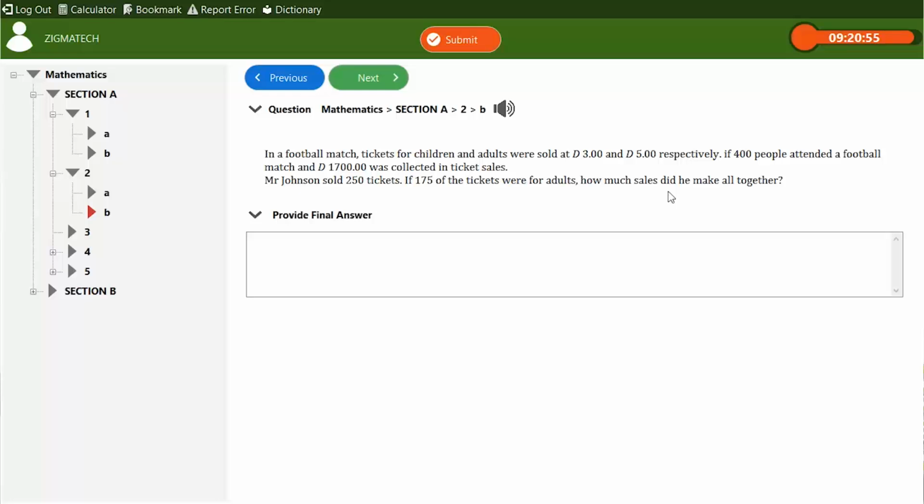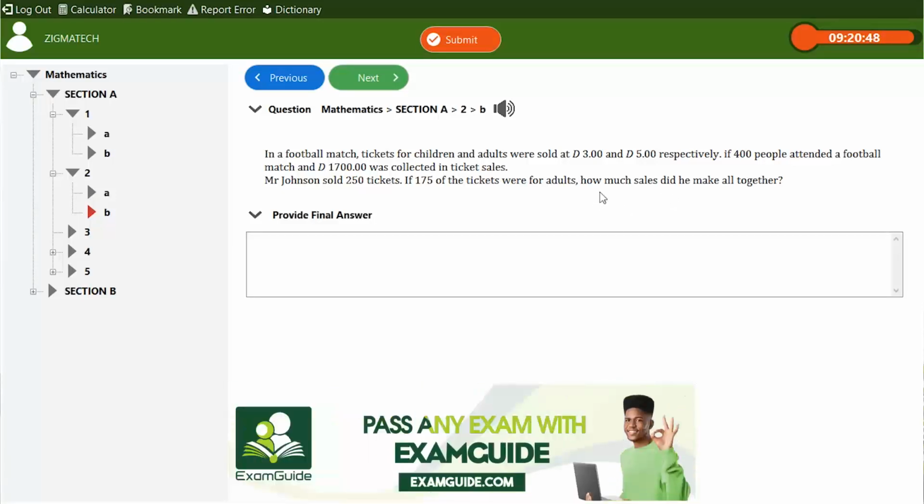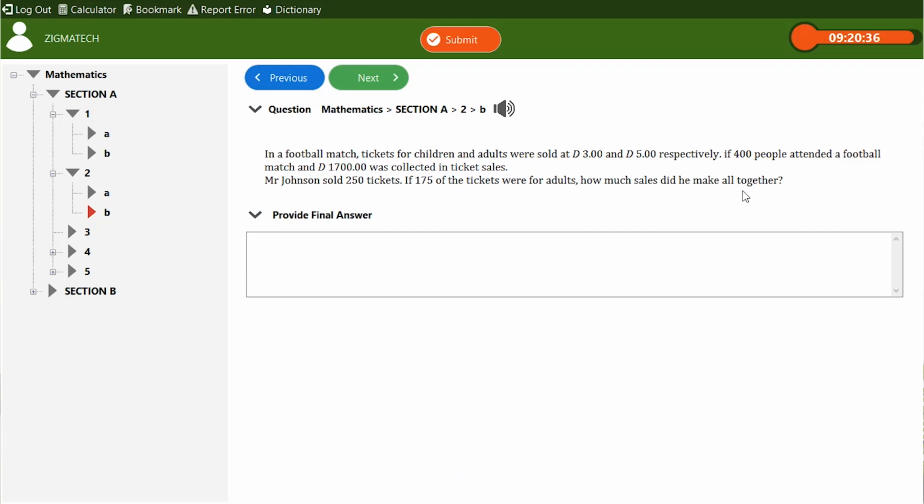If 175 of the tickets were for adults, how much sales did he make altogether? Look, this person has sold how many tickets? 250, and 175 of them are meant for adults. So out of 250, 175 belong to adults. So how many do you think will belong to children?